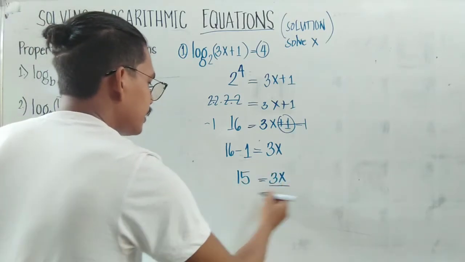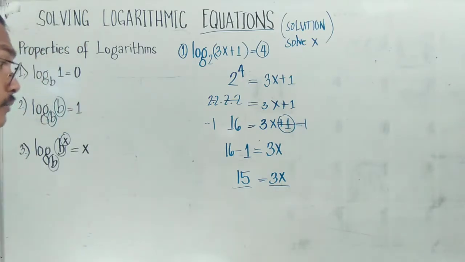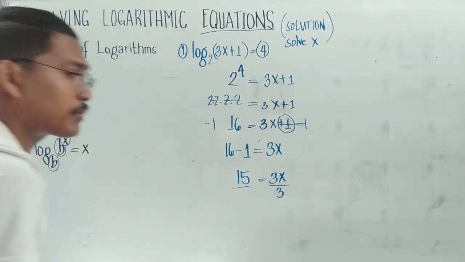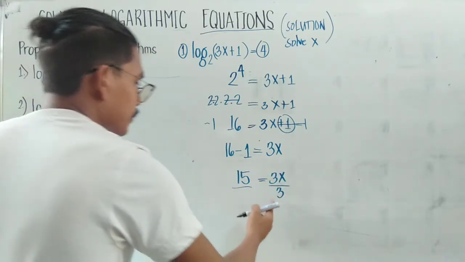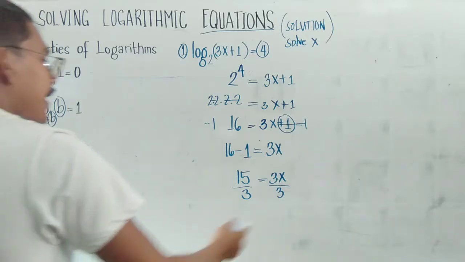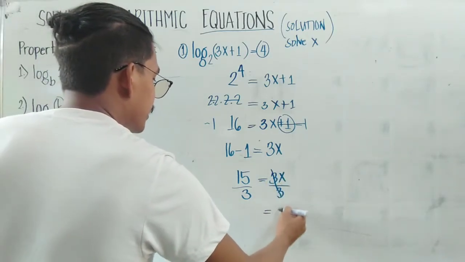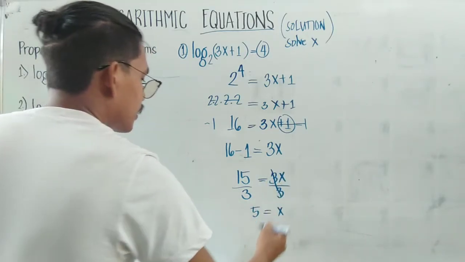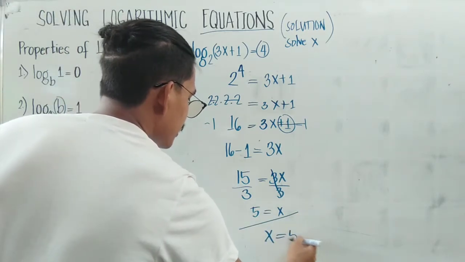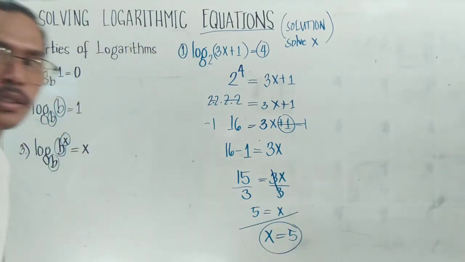To eliminate 3, we have to apply the division property of equality. So we divide by 3 on one side, therefore we have to divide by 3 on the other side. Therefore x is equal to 5, or writing it the proper way, x equals 5.